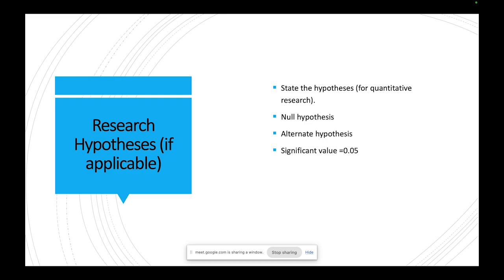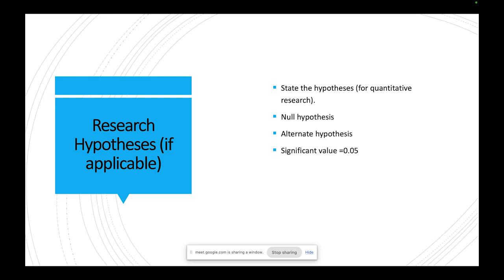In doing that, you need to have a good understanding of null hypothesis and alternate hypothesis, because you'll be saying things like there is no significant relationship or no significant effect of fringe benefits on employee productivity. That's a null hypothesis, because you are saying there is no significant effect.